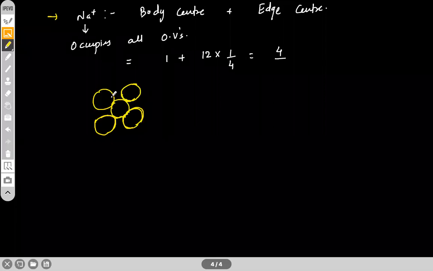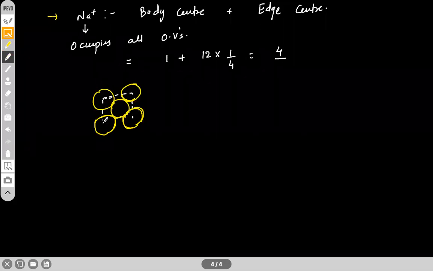I'm just drawing one face here. You see, this is one face, corner 1. This is just a face where all the corners are occupied by negative ions.